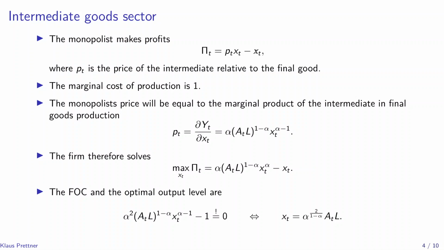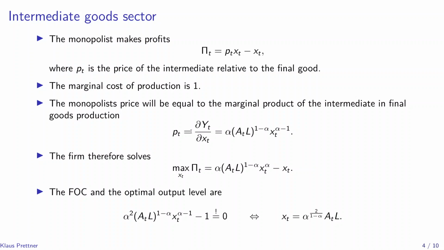And the cost of production is equal to 1, that's the price of an intermediate in terms of the final good, and x_t is the amount of intermediates that this intermediate goods producer produces. So the costs of production are the price, which is 1, times production, x_t. So total profit is revenue minus cost.